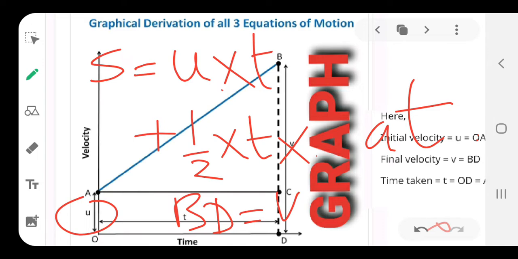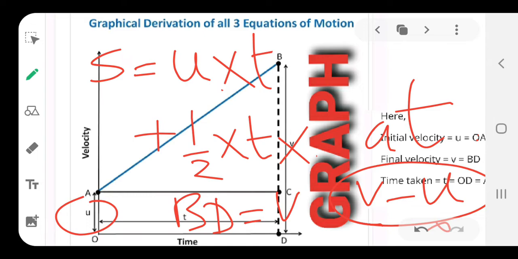BC means V minus U. BC can be written as V minus U. Now, V minus U equals AT, we have just done it in the first equation of motion.